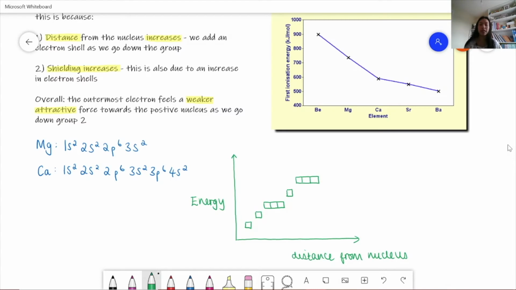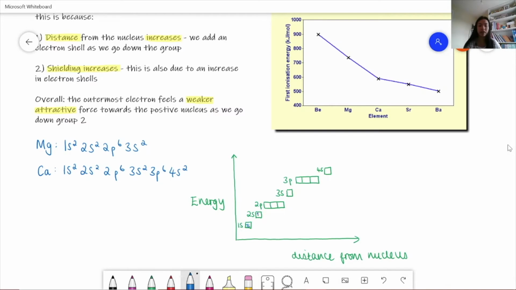Normally we would have our 3d10, but remember that 4s is of a lower energy compared to 3d. So therefore we have a 4s first. So we can label these: 1s, 2s, 2p, 3s, 3p, and then 4s. So first filling out for magnesium, we have everything up to 3s2.